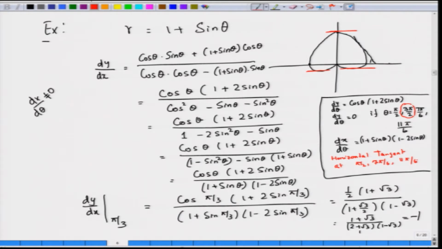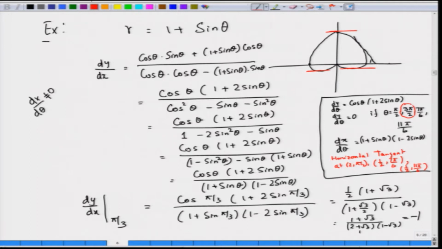Actually, we can write down the points for which this is going to happen. You just plug in the points. More precisely, we can write 2 comma pi by 2, then 1 by 2 comma 7 pi by 6, and for 11 pi by 6 we get 1 by 2 comma 11 pi by 6.